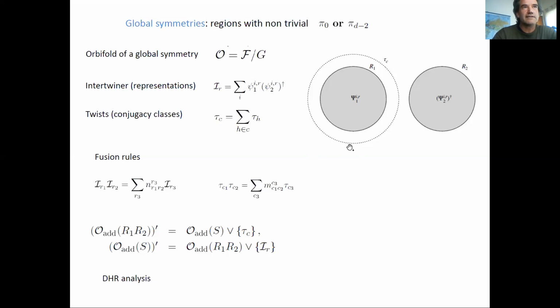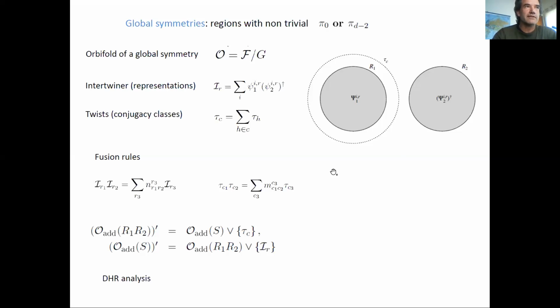The twist is just an operator that implements the symmetry group operation, but only in a region. Here I draw this dashed line, and inside this dashed line, this tau is producing the group symmetry operation, but not outside. So this twist does not commute, of course, with the charge operator, because it produces a change in the charge operator. So it doesn't commute with the intertwiner, but it will commute with all neutral operators in the two balls, right?